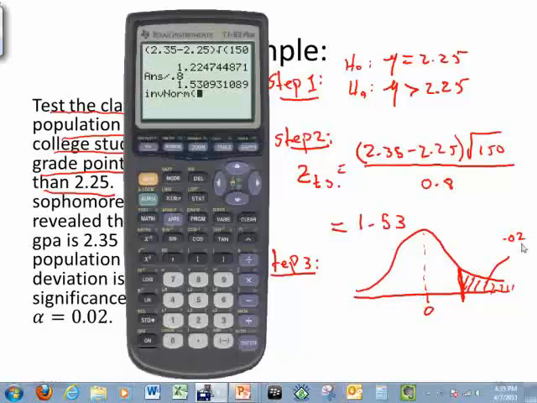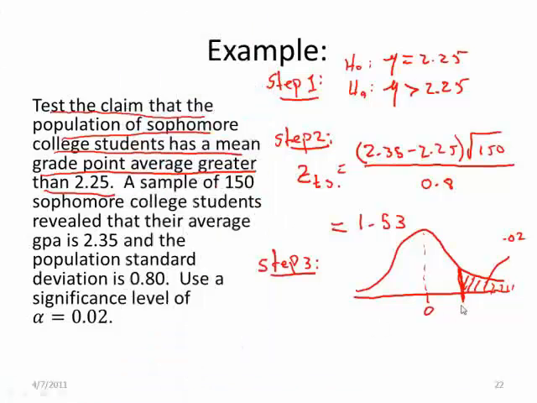So if the upper tail area is 0.02, that means the lower tail must be 0.98. It comes back and tells us our critical value is 2.05.